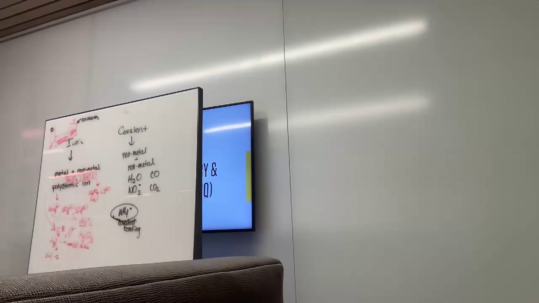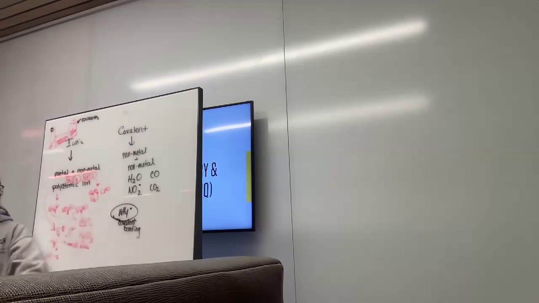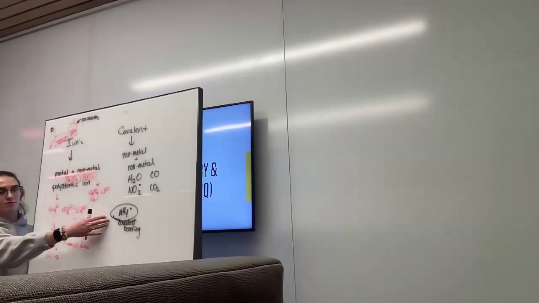But for the most part, if you see a metal or a non-metal and a non-metal with a charge, that'll be a polyatomic ion. For those names, you'll just have a chart.